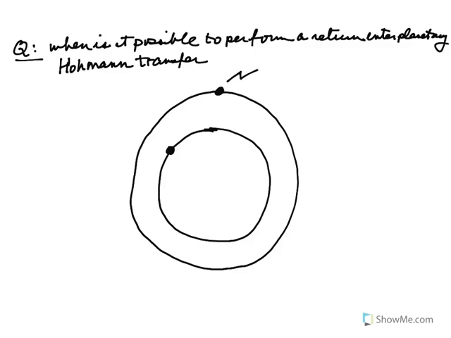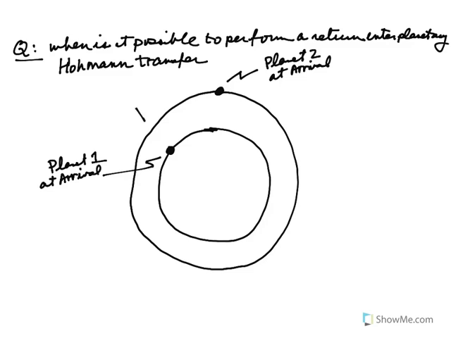So this is planet 2 at arrival, and this is planet 1 at arrival. And this is the phase angle that we just computed, the final phase angle, phi sub f. When we started the transfer, planet 1 was located down here.